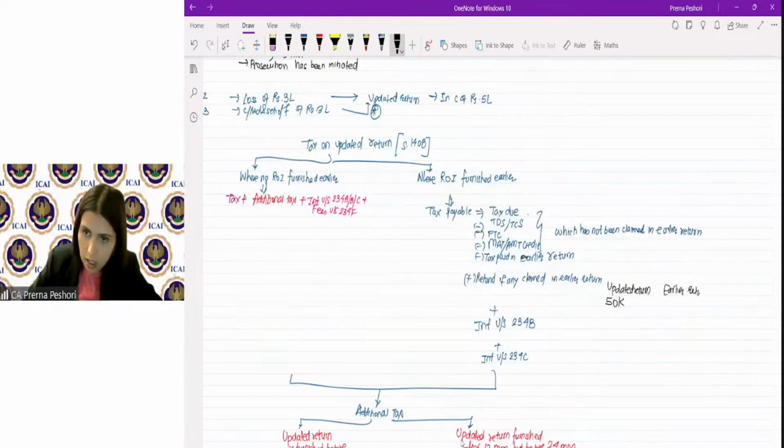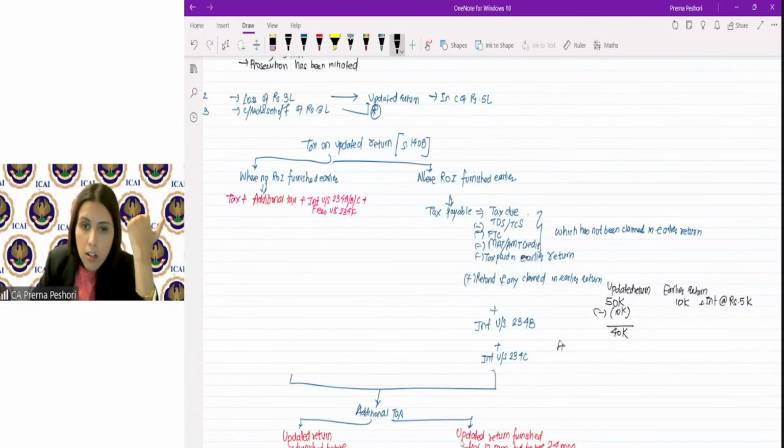Let's say in the earlier return, I have paid tax of 10,000. So I will reduce the 10,000 from here, plus interest I had paid earlier, let's say rupees 5,000. So this comes to, let's say, 40,000.